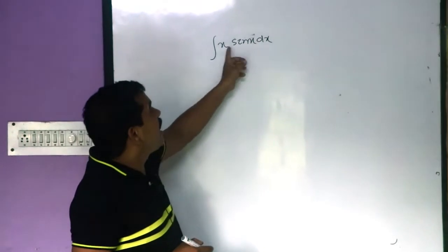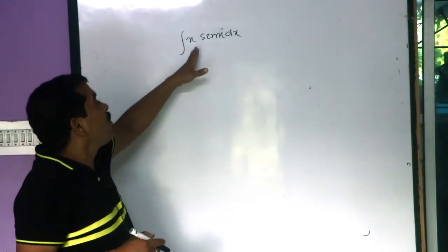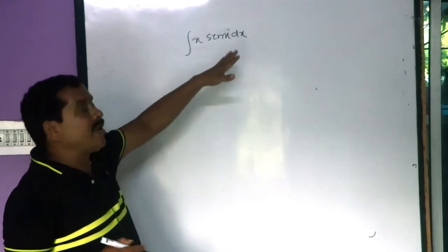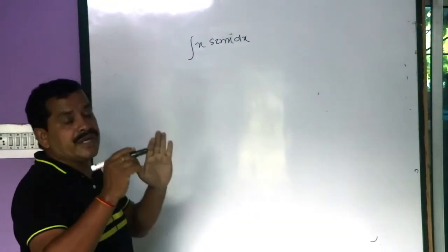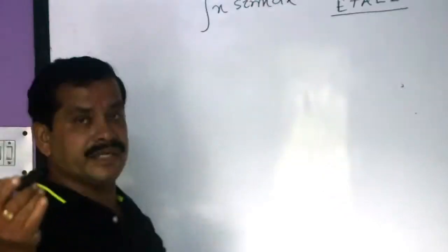In this case we cannot evaluate this integration by substitution, so we have to apply integration by parts. First we have to choose the first function and the second function. That can be chosen by the word ILATE. If you use this code word, then we can easily choose one as the first function and another as the second function.